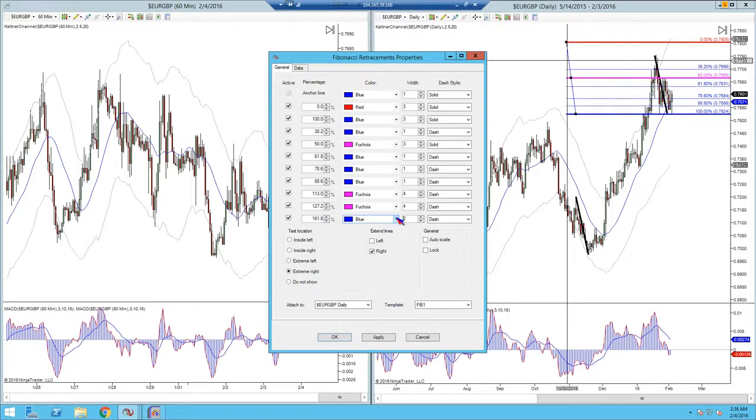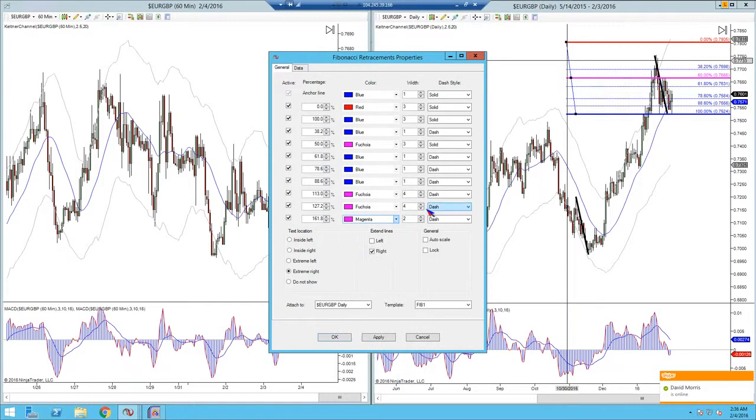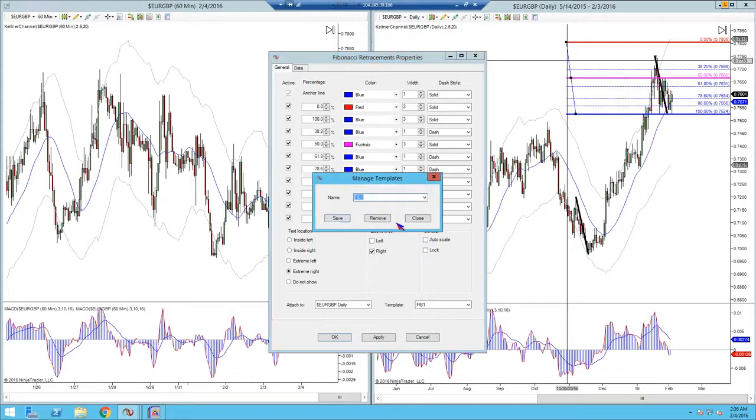Let me just give you some extension down here. I will save that little template.